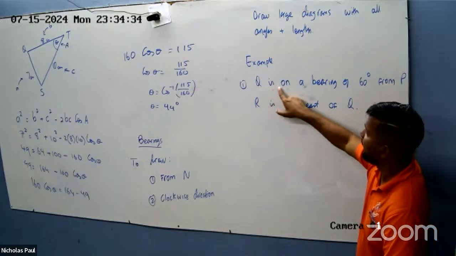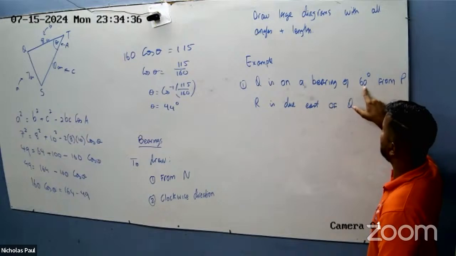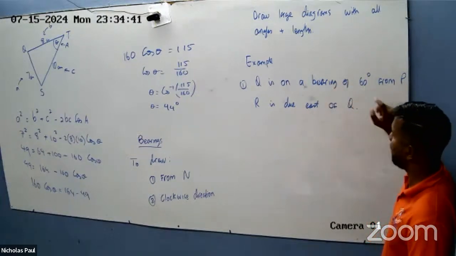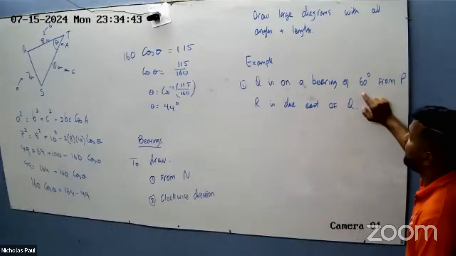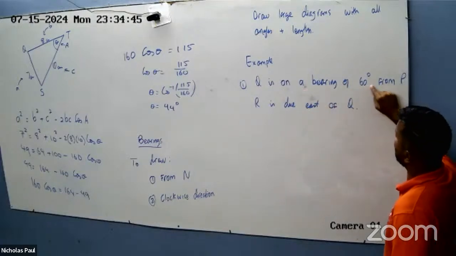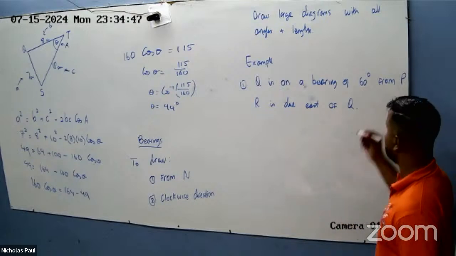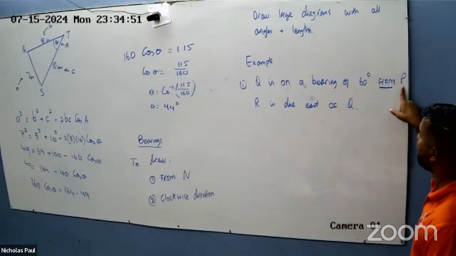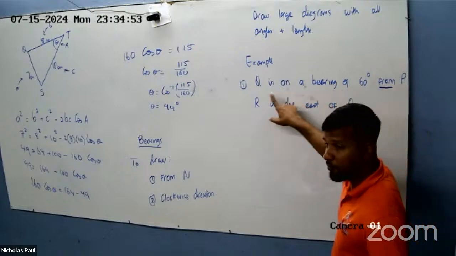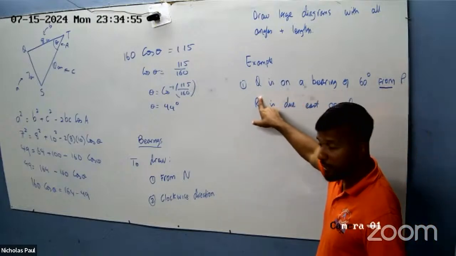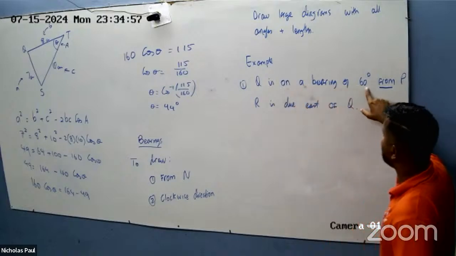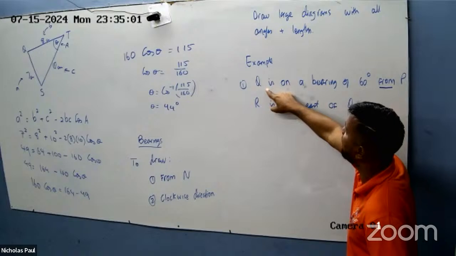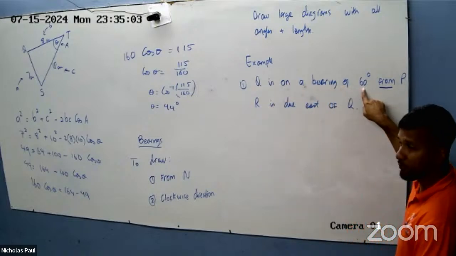Q is on a bearing of 60 degrees from P. I'll show you what bearing and all these angles mean. This 'from' tells us that we're starting at the point P and then moving to the point Q. So Q is on a bearing of 60 from P, which means we're starting from P and going to Q on a bearing of 60.